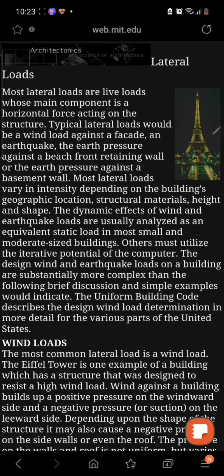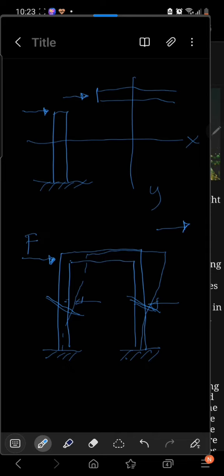Then an earthquake load, an earthquake. So for the earthquake, if there is shaking on the ground, the shaking is horizontal, which is along with the x-axis.